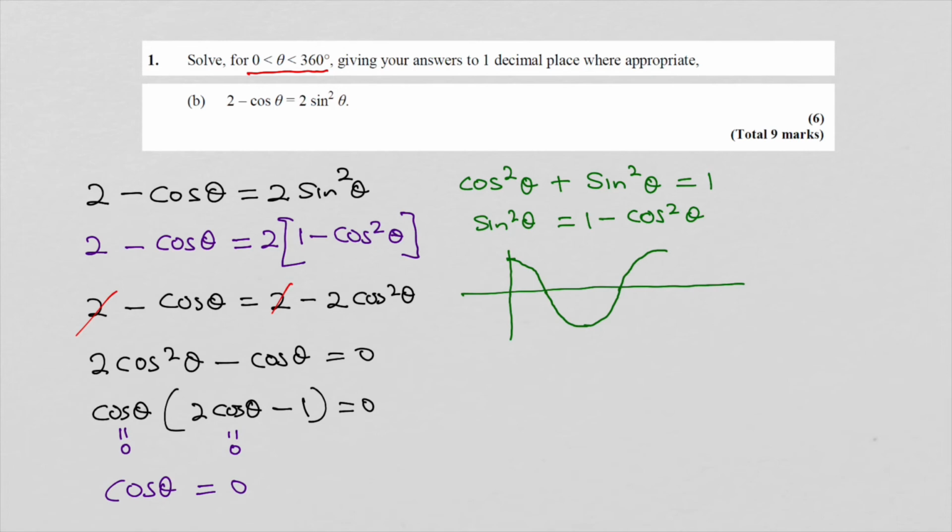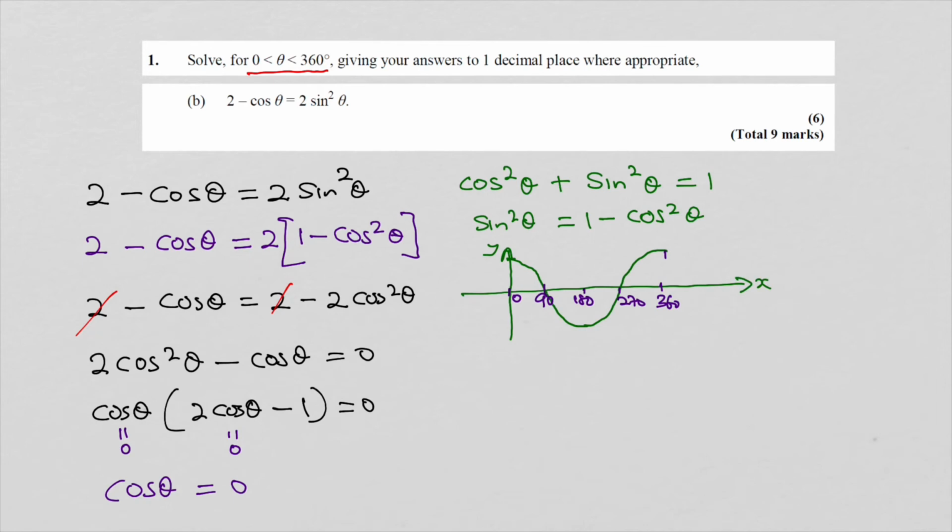So that's cos. So this is 0, 90, here is 180, and this is 270, and here is 360. So that's the cosine function graph. And this is the y-axis, and that's the x-axis.